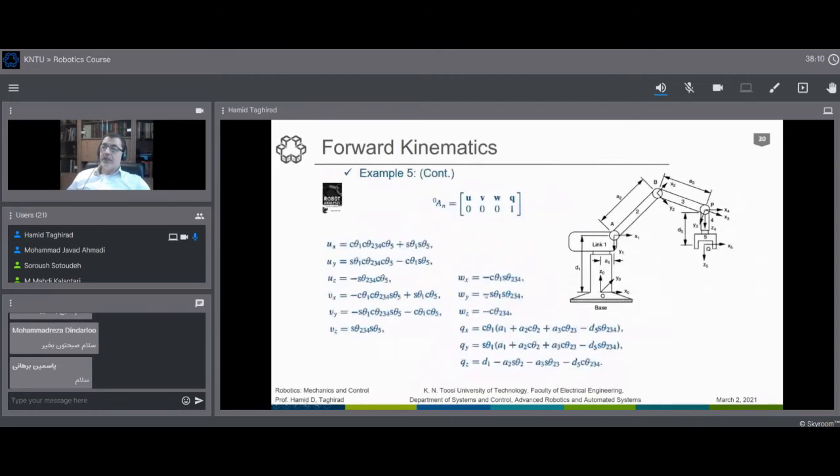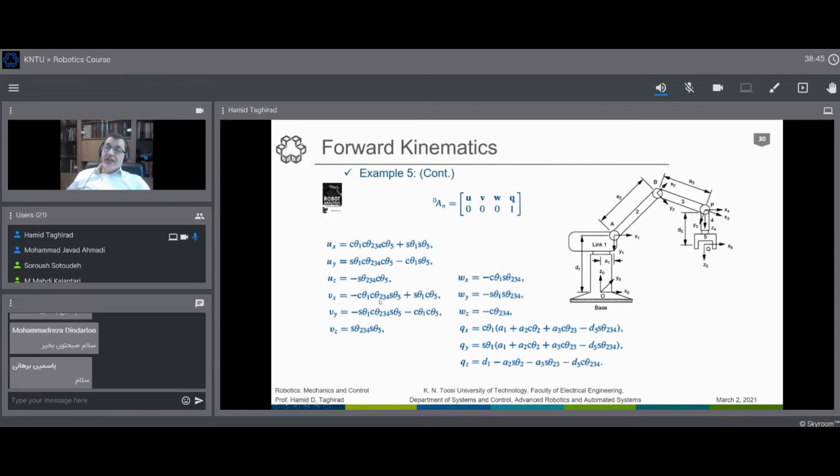After these manipulations, you can find it this way: U, V, W, 3 vectors of the rotation matrix, and then a Q, which is a position vector, and we have given all this direction here. As you see, it is much more sophisticated, and theta 1, 2, 3, 5 is in the U direction, 1, 2, 3, 4, and 5 in the V direction, and in the W direction we have 1, 2, 3, and 4.